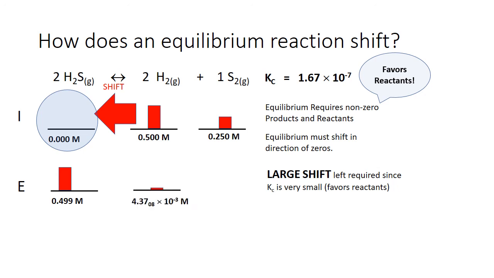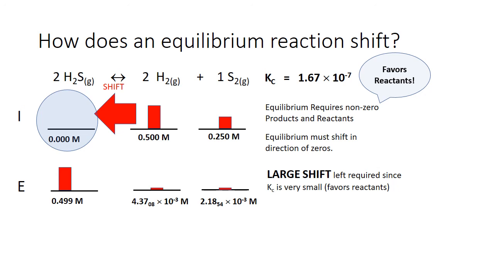And the amount of H2 present, as this is an equilibrium that favors reactants, not products, has dropped down to a very low level from its initial 0.5 molar to 4.37 times 10 to the minus 3 molar. Similarly, the S2 levels have also dropped to very small numbers from 0.250 molar to 2.18 times 10 to the minus 3 molar. A very large shift to the left, creating reactants at the expense of the products.